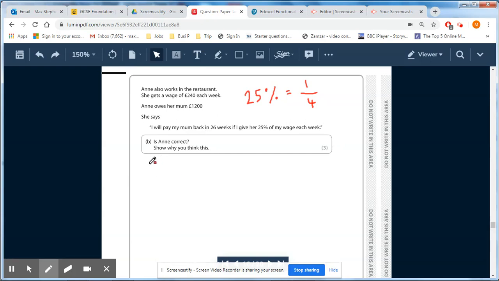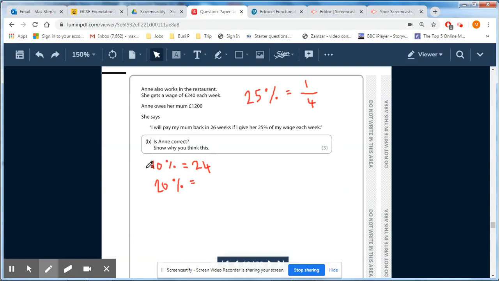I'm going to show this way using percentages without a calculator, because I'm going to ask you this on the non-calc part of the new specification. So first of all, I'm going to find 10%. I can always find 10% by dividing by 10. And then I'm going to find 20%.